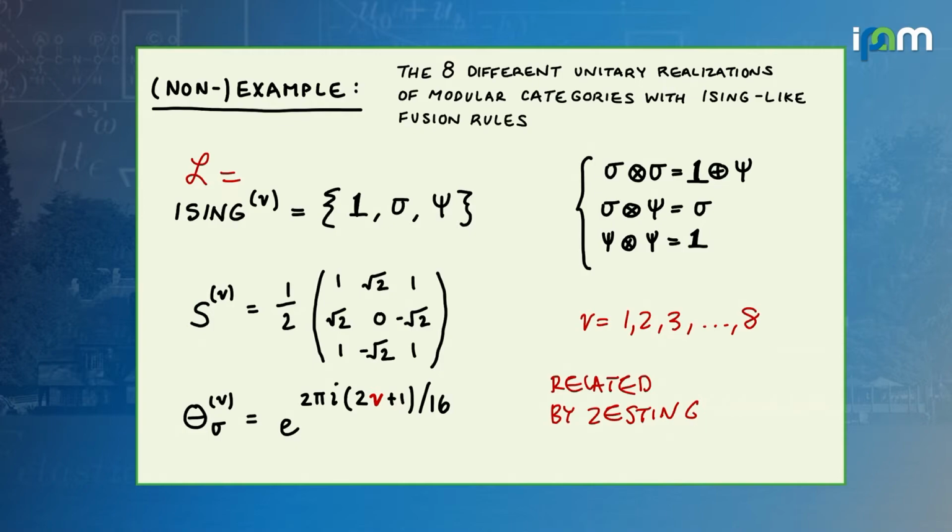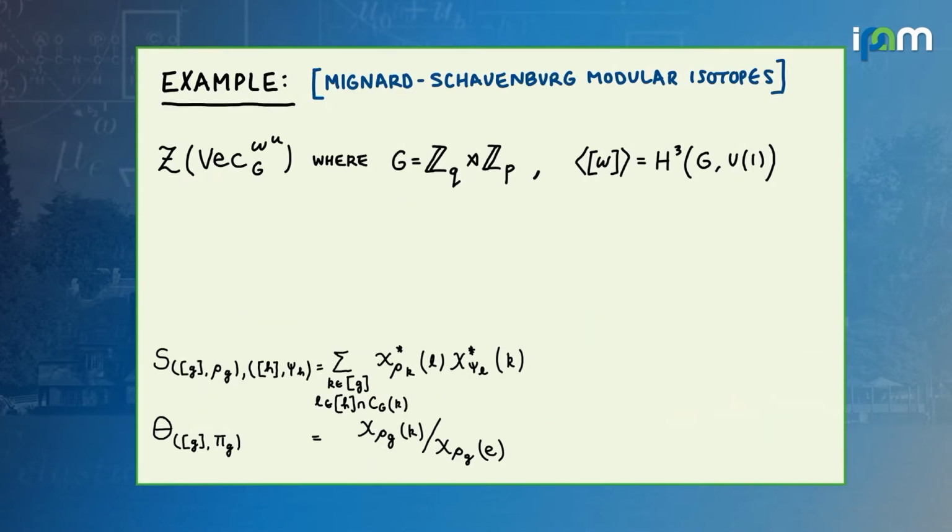Okay. So time for these examples, and these are somewhat complicated and somewhat well understood. So they're a little paradoxical. I can only go into so much detail, but the modular isotopes that were first discovered by Mignard and Schauenburg, who are mathematicians, are of this form. So they're Drinfeld centers of fusion categories of this form, Vec_G, with the associativity constraint twisted by some cocycle.